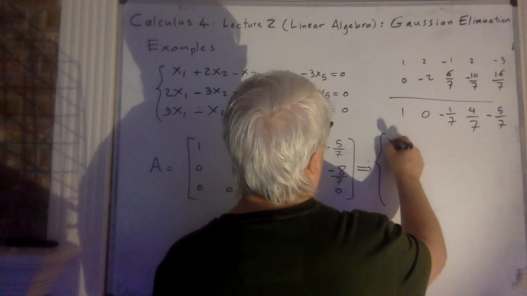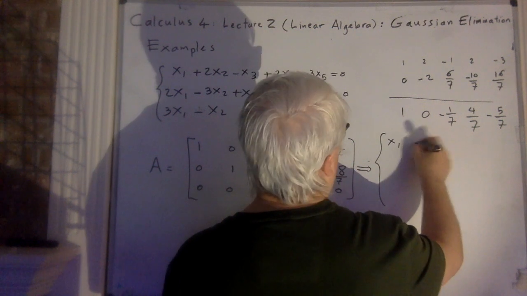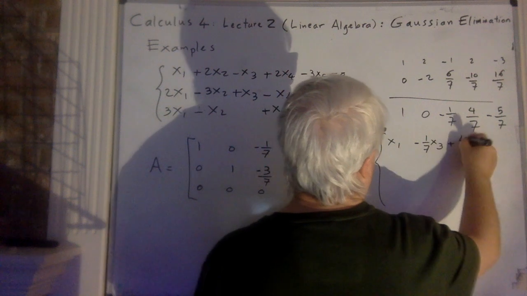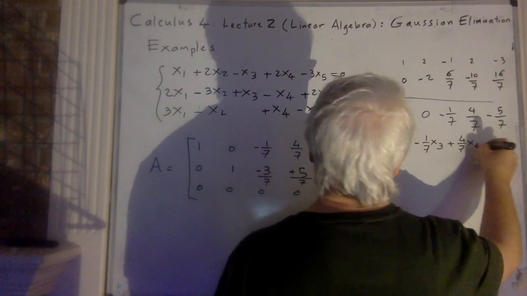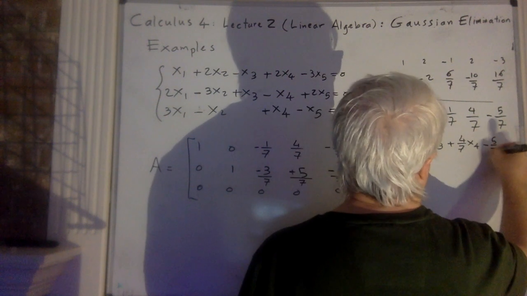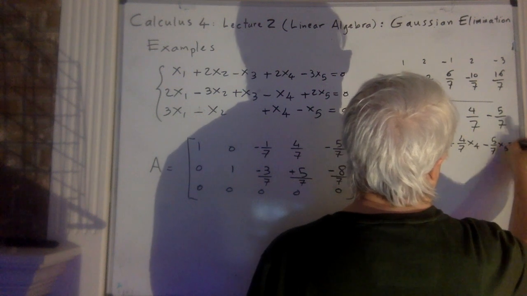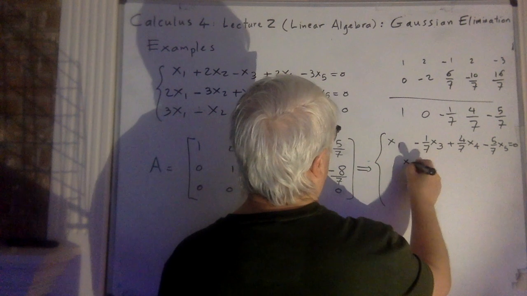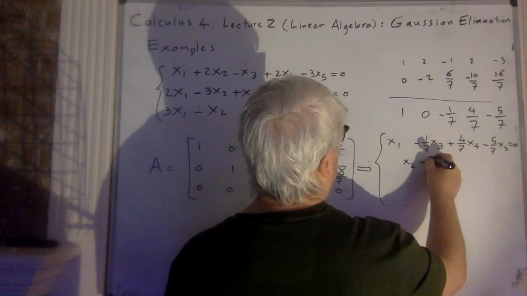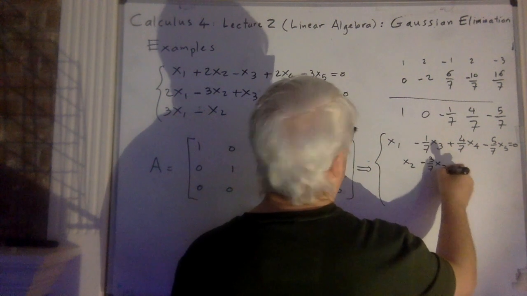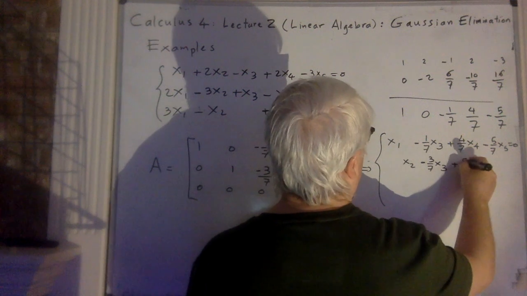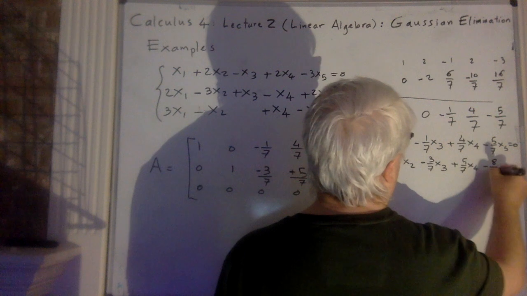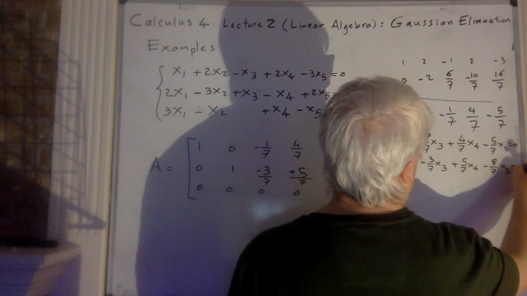So I have x1 minus 1 over 7 x3 plus 4 over 7 x4 minus 5 over 7 x5 is 0. And the second one is I have an x2 here minus 3 over 7 x3 plus 5 over 7 x4 minus 8 over 7 x5 is 0.